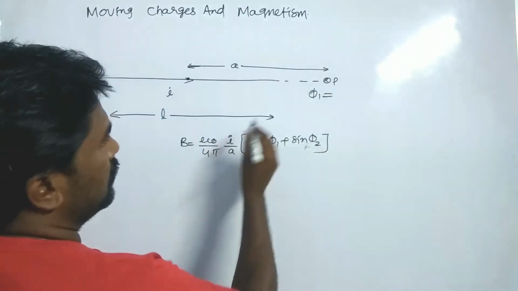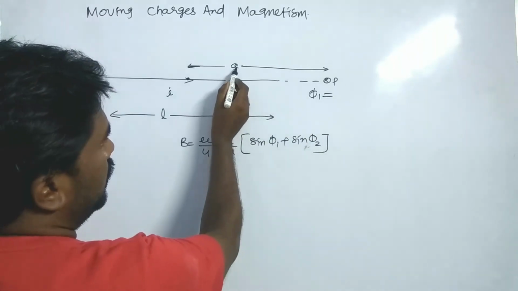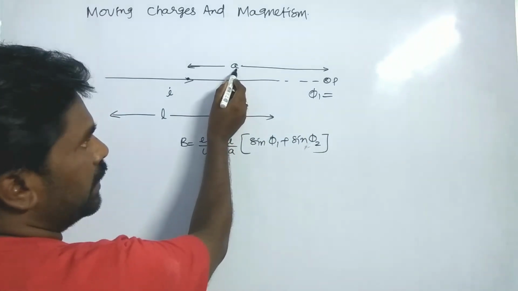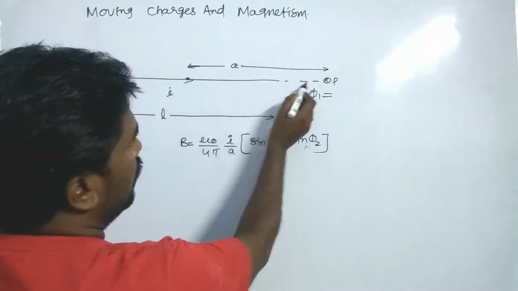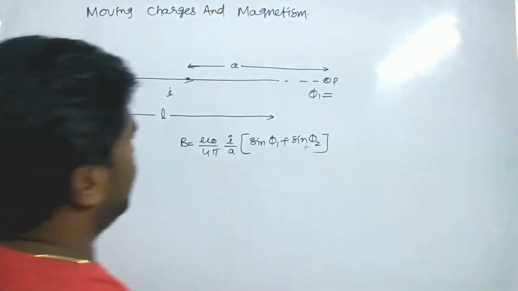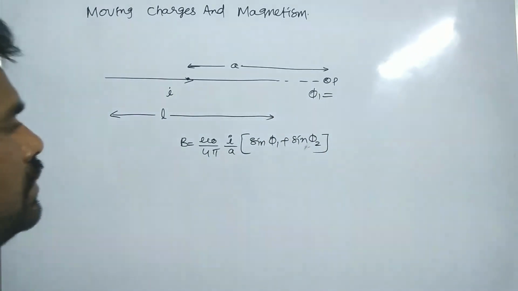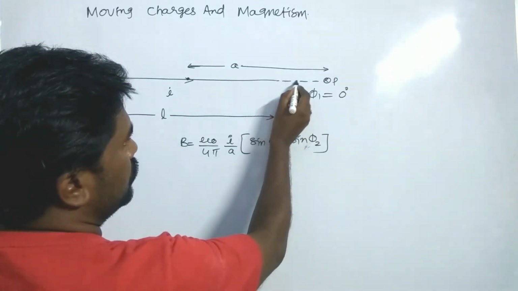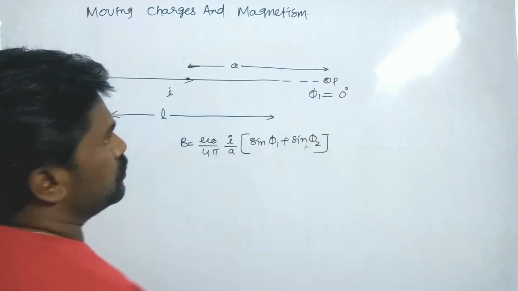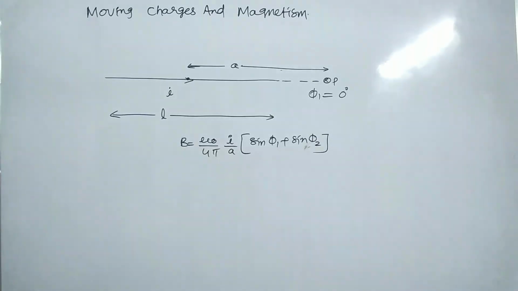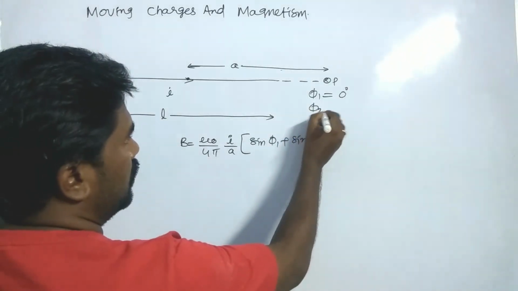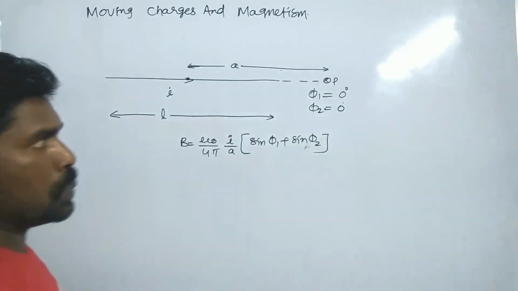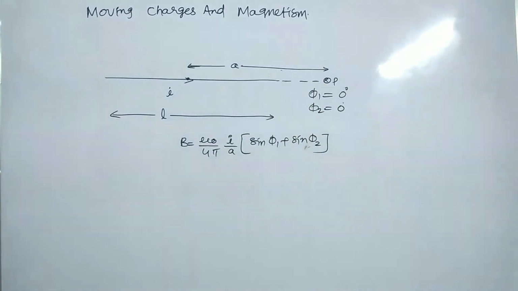The perpendicular distance A is along the line of the current carrying conductor. So phi 1 is equal to 0 degrees, because these two lines are parallel, and phi 2 is also 0 degrees.